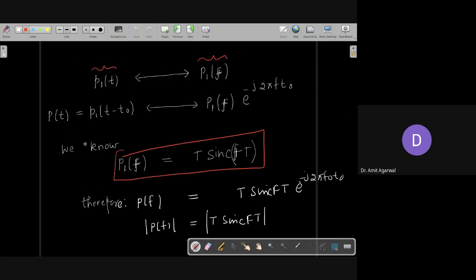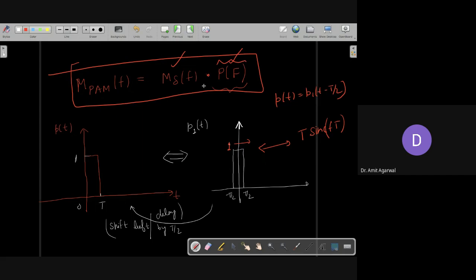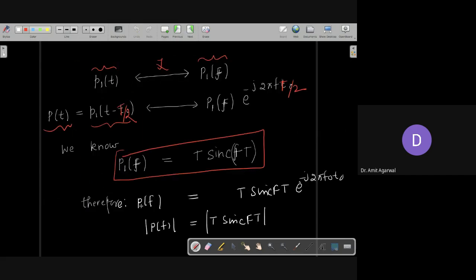You will use the property that if the Fourier transform of p1(t) is P1(f), then the Fourier transform of p1(t minus T by 2) will be nothing but P1(f) multiplied with e to the power minus j pi f T. Correct? So now you know the spectra of your pulse. So the spectra of your pulse is T sinc(fT) multiplied with e to the power minus j pi f T. ठीक है ना? यहाँ तक बताओ, कोई डाउट है?